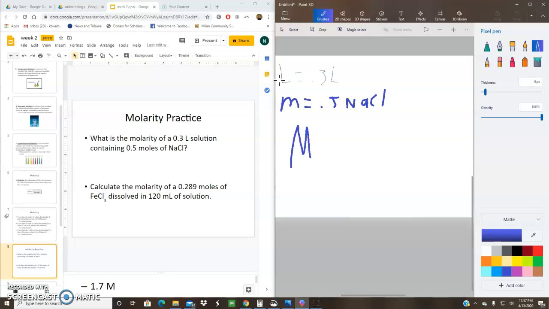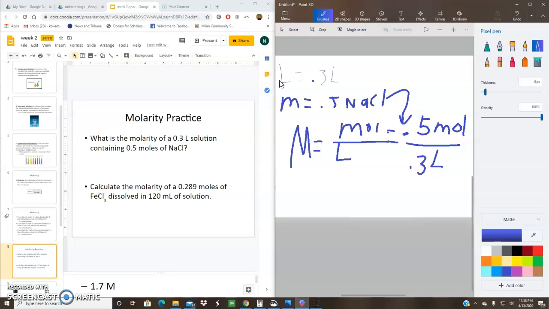Well, molarity is equal to moles over liters. So moles will go right here: 0.5 moles over 0.3 liters.